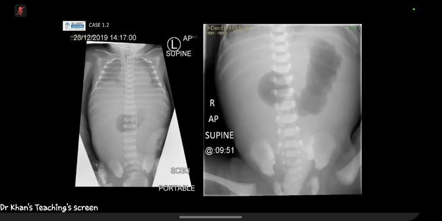So you've got 2 different cases here. Actually, no, same case, different times. The nasogastric tube is appropriately positioned. There is a single bubble in the stomach.